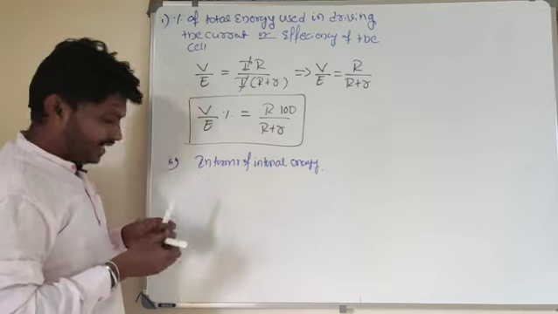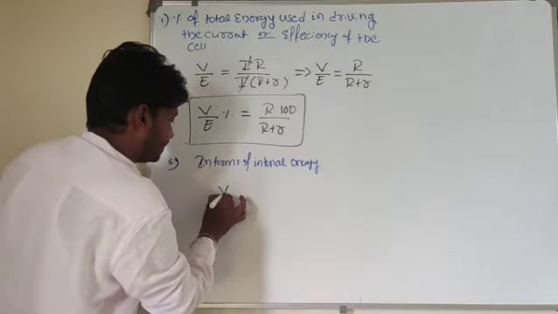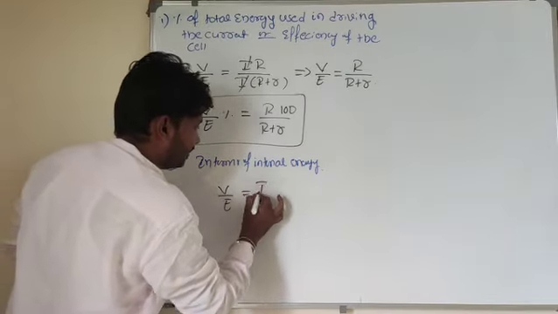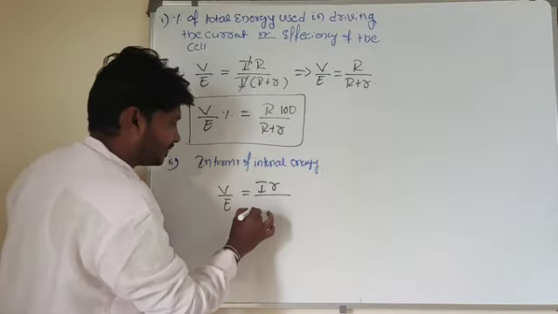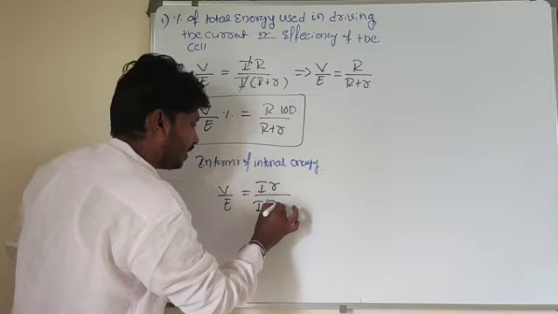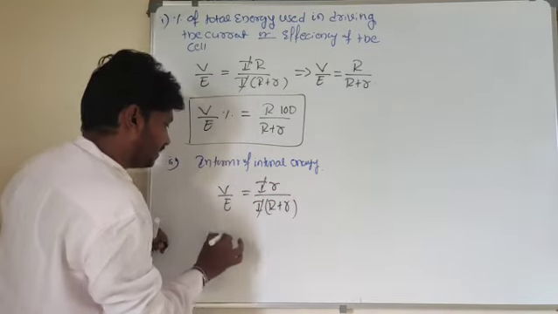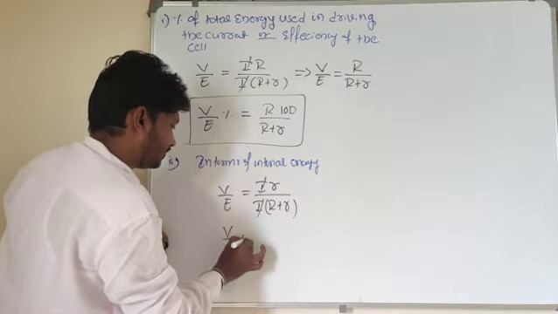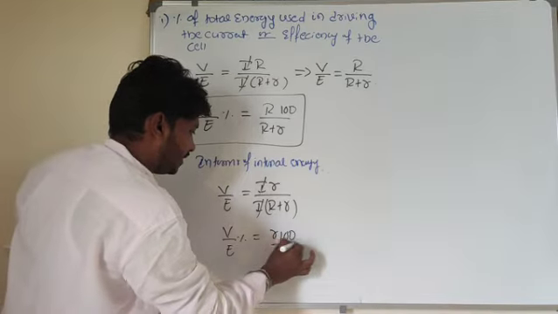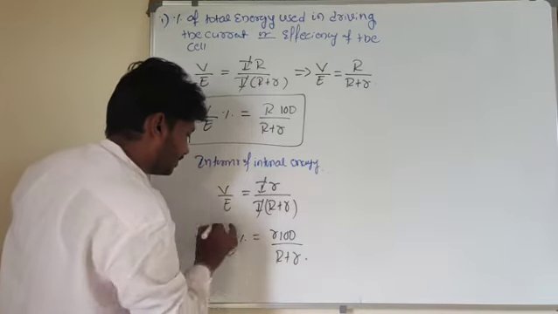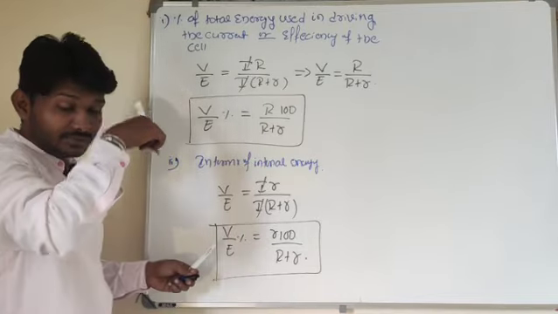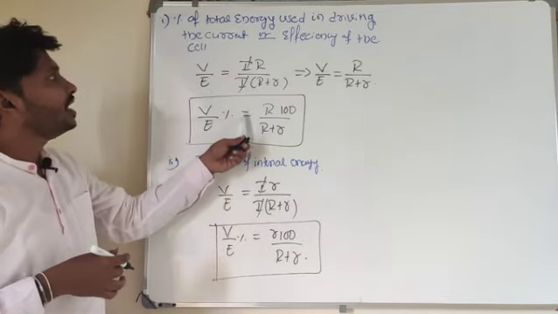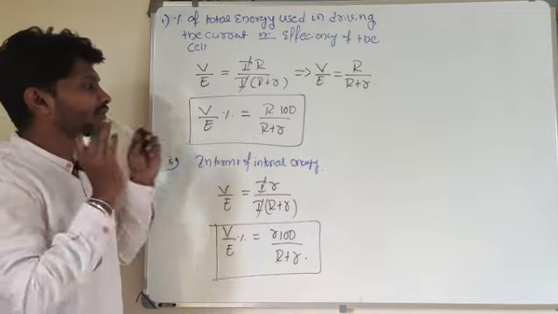So in terms of internal energy, I can take the same thing, V by E, here I into r, where small r represents the internal resistance of the cell, divided by I into R plus r. So in terms of percentage, r into 100 divided by R plus r. So this is the energy loss in the cell in terms of internal energy. So this is about the efficiency of the cell here.